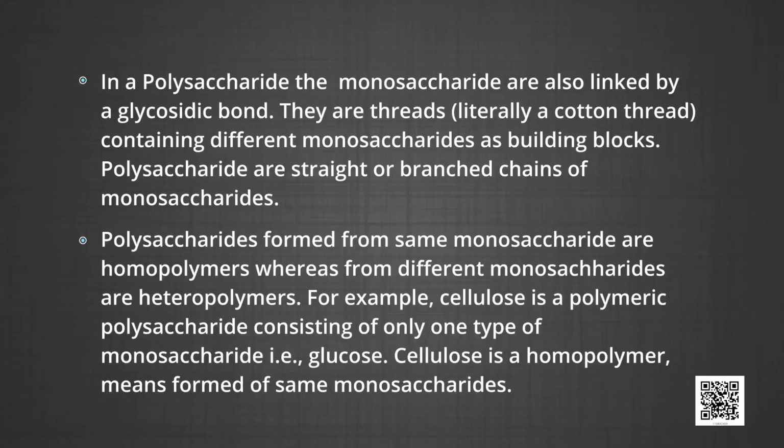Polysaccharides formed from the same monosaccharide are known as homopolymers. You can say that polysaccharides formed from similar kinds of monosaccharides are known as homopolymers, whereas those formed from different monosaccharides are known as heteropolymers.